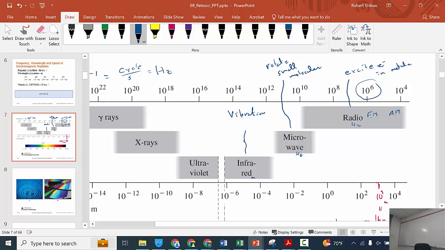You can't see the infrared, but if you put your hand over the charcoals, you can feel the infrared radiation coming off. It's causing the atoms in your hand to vibrate, and so you can feel the heat. Infrared is used for cooking. Microwaves are used for cooking. That's because we're getting kinetic energy and we can increase the temperature that way.